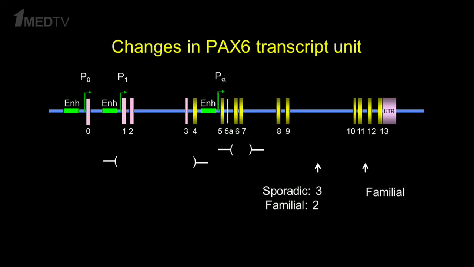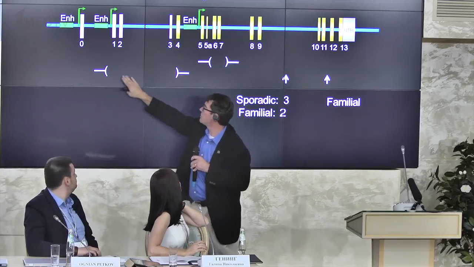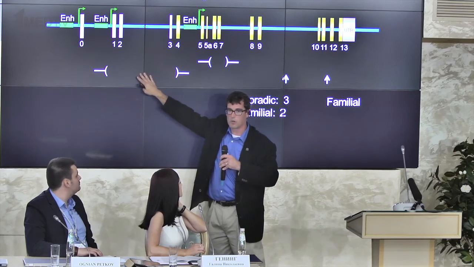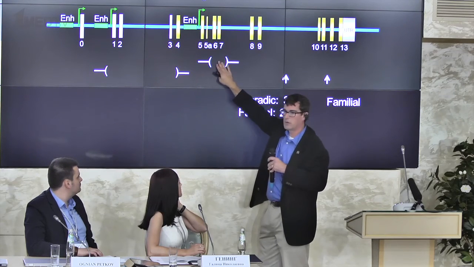The remaining 1/3 of people with aniridia are going to have a change of something like what you see here. So again, we're representing the gene in the genome in our cells. This means that there is a deletion. So this piece of DNA is gone, or this piece of DNA is gone.